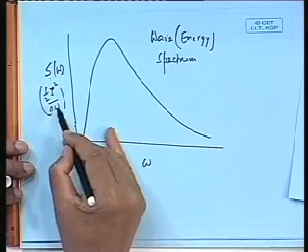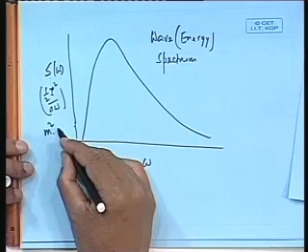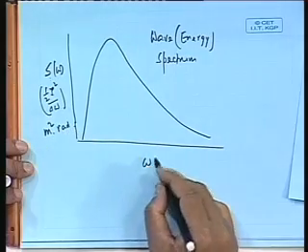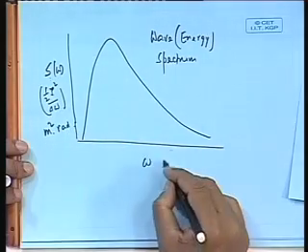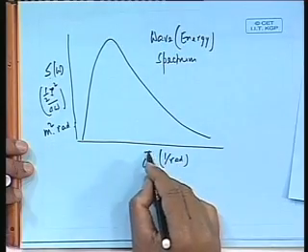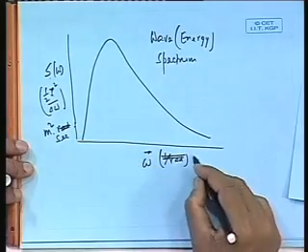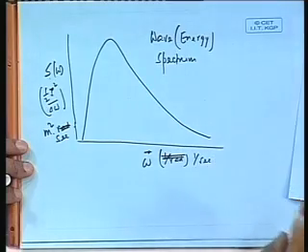What is the unit of that? Obviously, it is unit of meter square divided by unit of radian omega. Sorry, it is meter square second, this is 1 by second or radian by second, whatever.